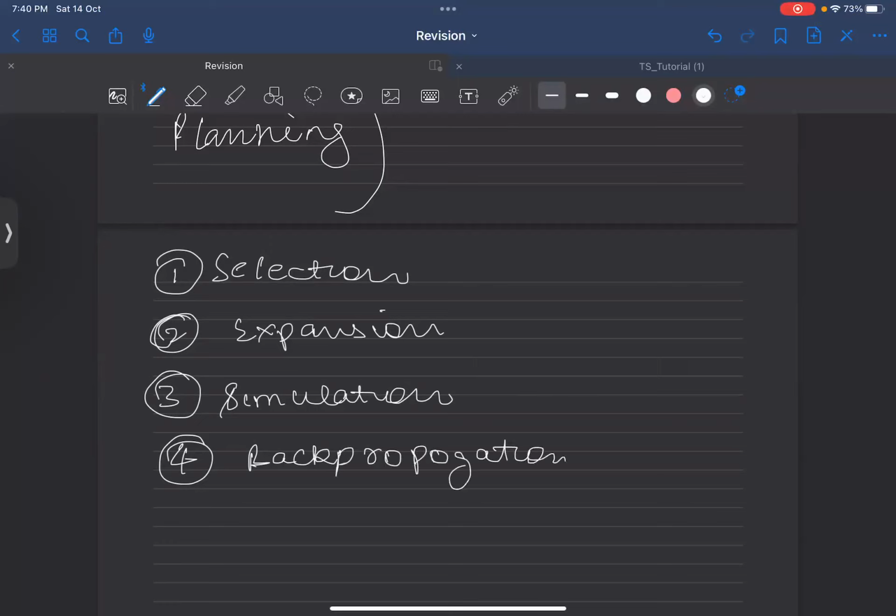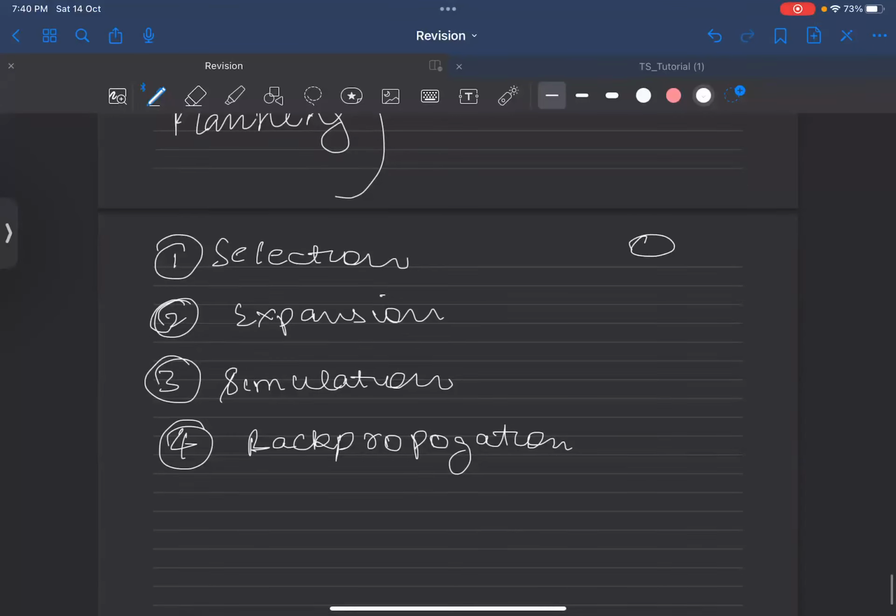Before going to the Go game, these are the 4 steps involved. We start at the root node, and the algorithm selects the child node based on the selection process.